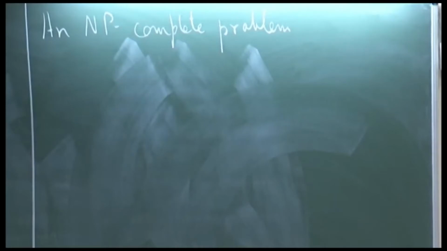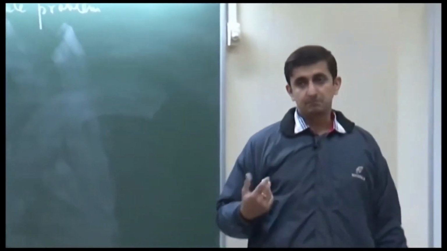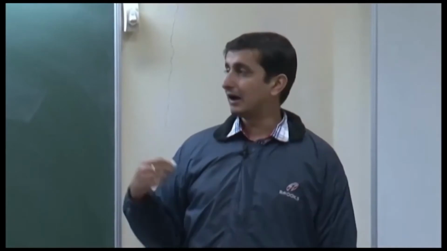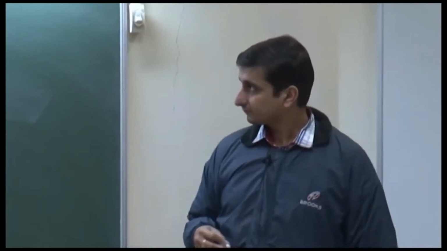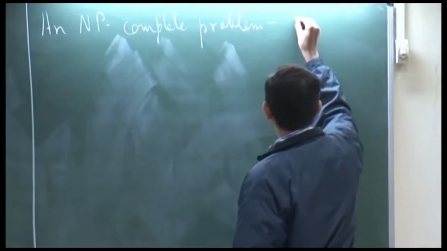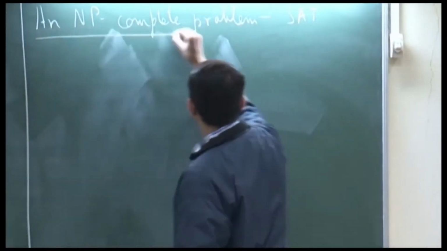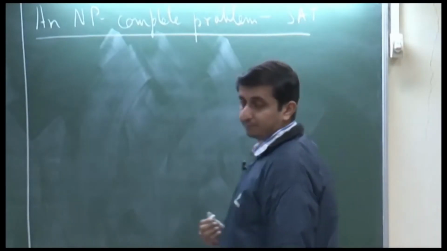It might turn out that even proving existence or constructing an NP complete problem is not possible. So, what is the guarantee that there are problems which have this property, or there are natural problems which have this property? So, we will prove that this problem, satisfiability, is our first NP complete problem.